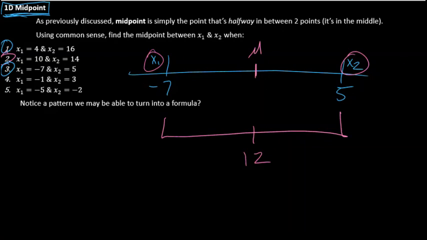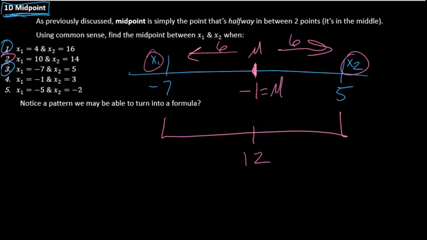That means we've got to go back 6 or forward 6 to be in the middle, because the total distance is 12. So our midpoint is 6 plus negative 7, because we're going to the right, or 6 minus positive 5. Either one of those puts us at negative 1. So our midpoint is negative 1.